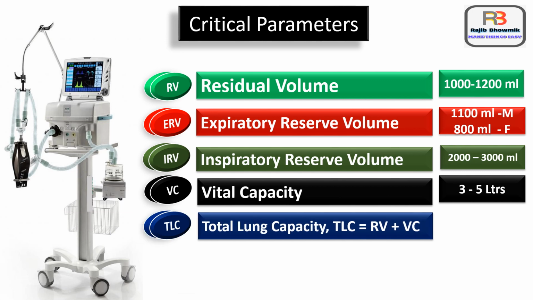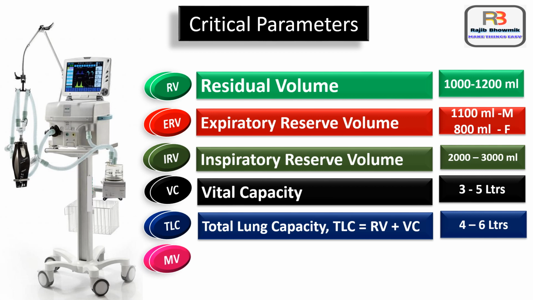TLC, that is total lung capacity. The maximum volume of air the lungs can accommodate is called total lung capacity. Total lung capacity is equal to RV plus VC. RV means residual volume and VC means vital capacity. For a normal human being, the value is 4 to 6 liters.